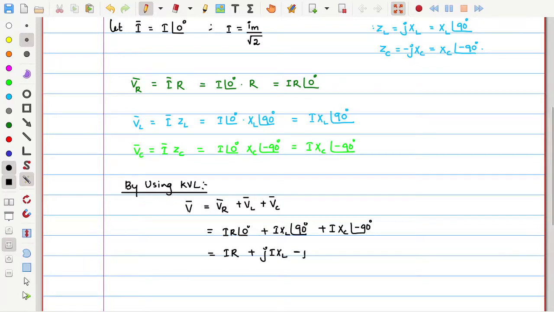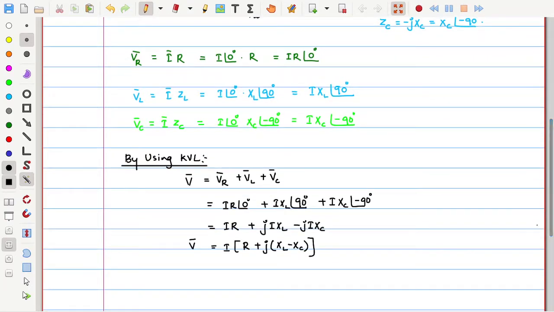So, this is minus JIXC. Now, if we take the current common out of all these things, it looks like I into R plus J, which is common for these two imaginary terms. So, if I take J common, I will get XL minus XC. This is what the total voltage V is.